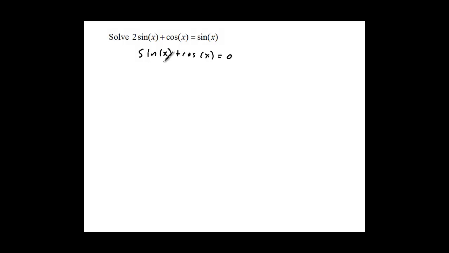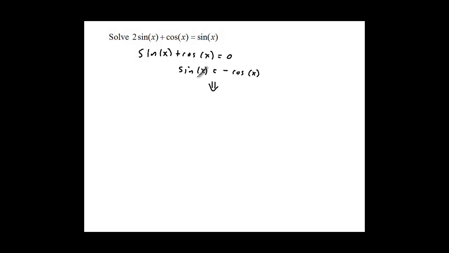And when I think about what this equation means, for two things to add up to 0, they have to be opposites. That is, the sine of x must be the opposite of cosine of x. I could subtract cosine of x from both sides to go from here down to here. This statement makes me think of something a little bit different as well.